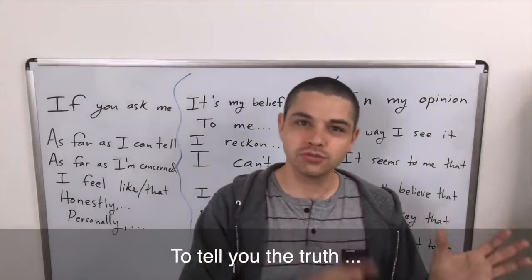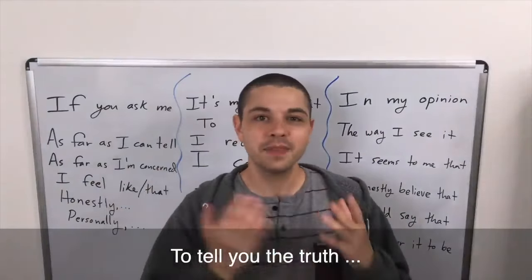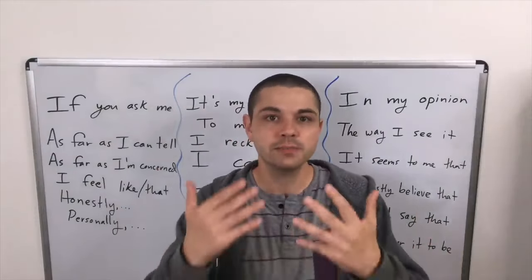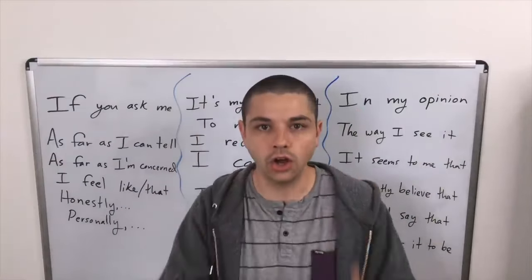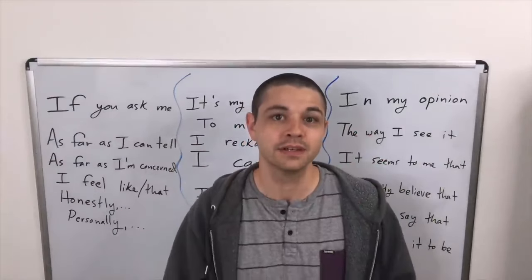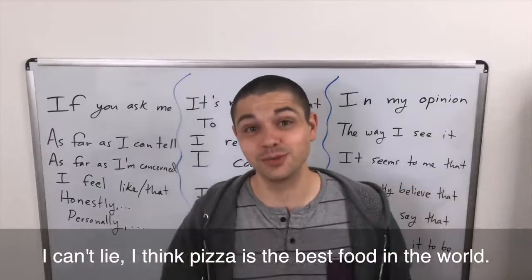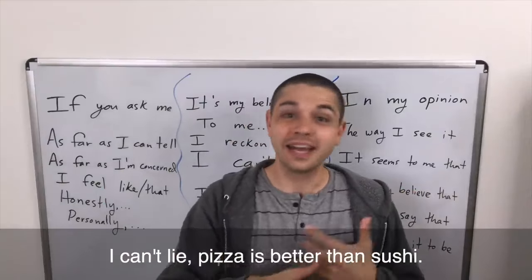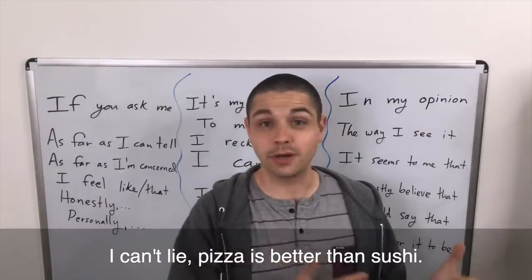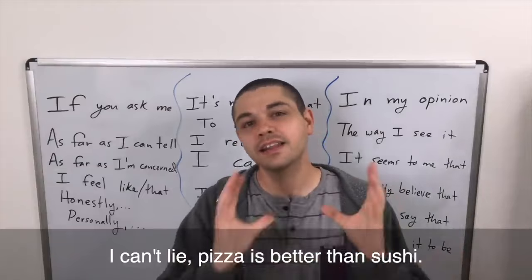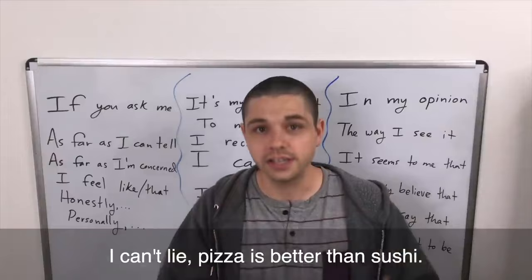So we talk about truth and lies. And this phrase, "I can't lie," just means I'm going to tell you my honest opinion. So, I can't lie, I think pizza is the best food in the world. Or, I can't lie, pizza is better than sushi. Right? And this tells you that this is my honest opinion.